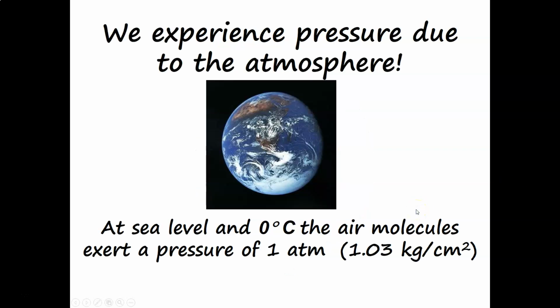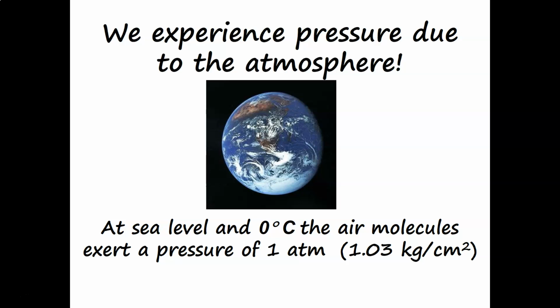We experience pressure from our atmosphere. If we're at sea level and at 0 degrees Celsius, the air molecules push on us with 1.03 kilograms for every centimeter squared. So every centimeter squared on you, you're getting pushed on with about 1 kilogram of force. It's kind of a clunky unit, kilograms per centimeter squared. We have a nice clean unit that we call atmosphere.